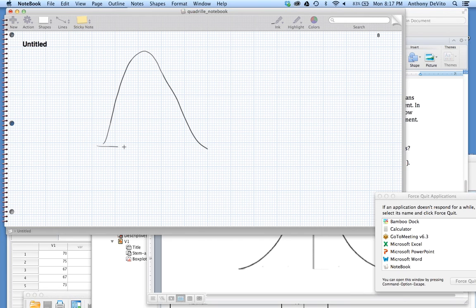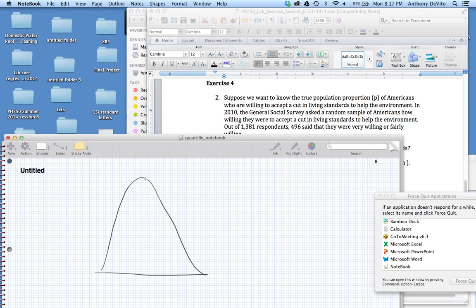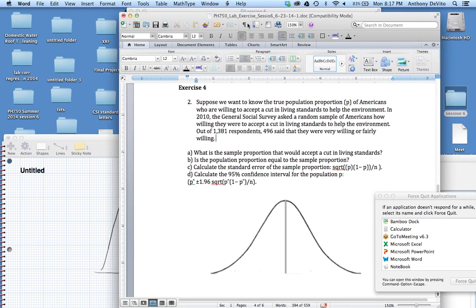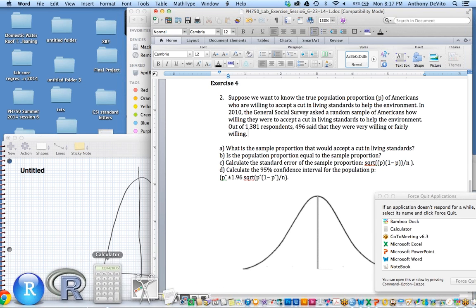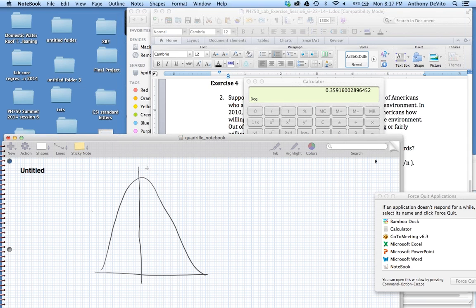Okay, so here is our distribution. I don't really know what the real proportion is for the population. All I know is, based on what I have, I'm going to guess it's what we wound up with here, which was 0.359.